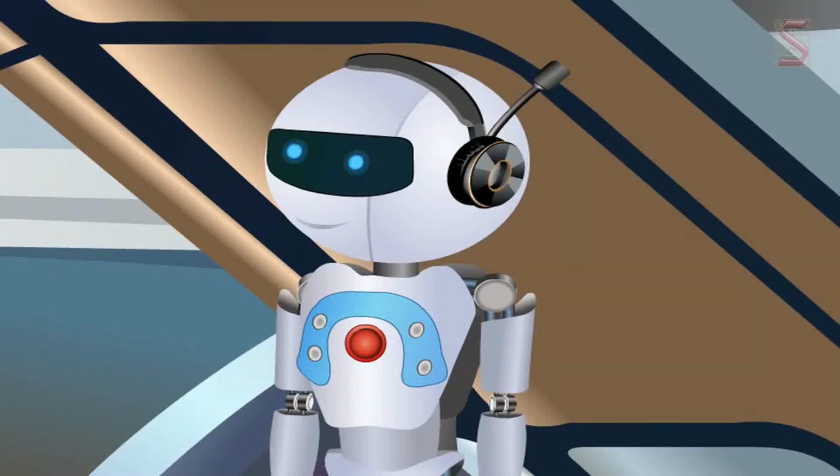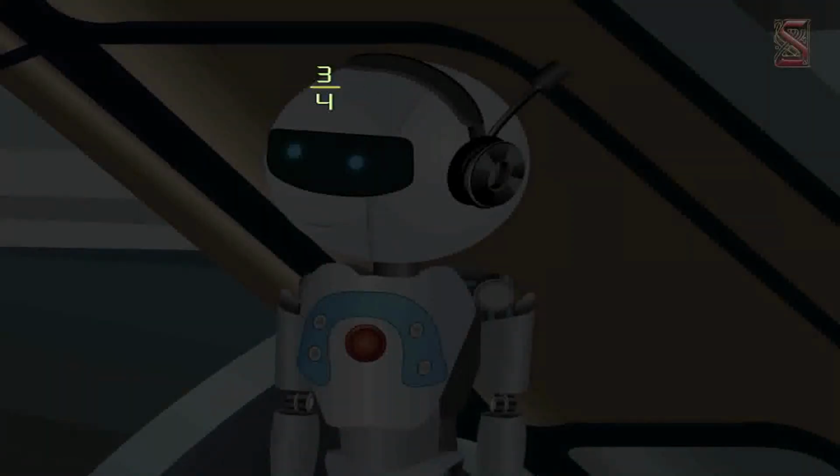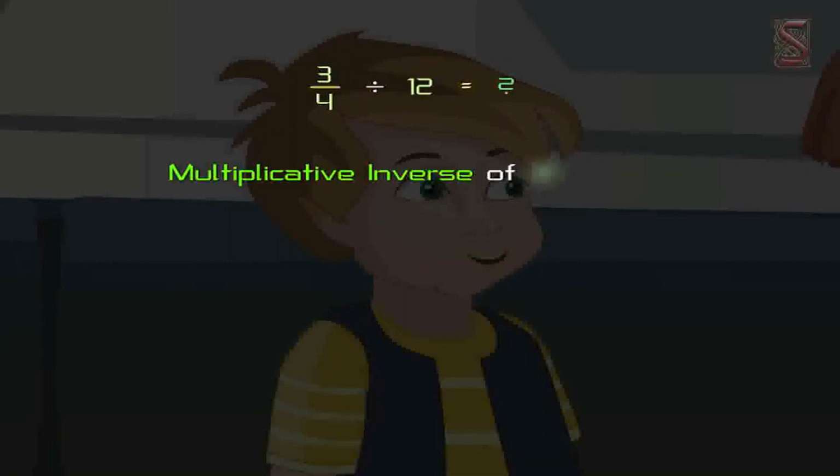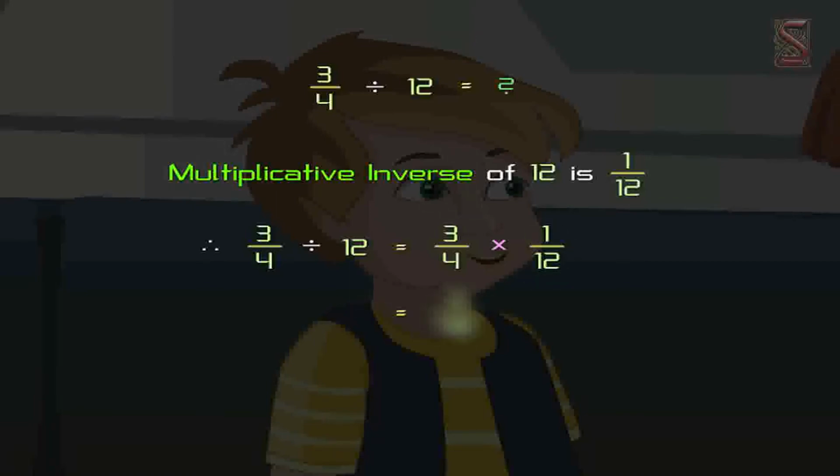Let's practice with some more problems. What is 3 by 4 divided by 12? The multiplicative inverse of 12 is 1 by 12. Therefore, 3 by 4 divided by 12 is 3 by 4 multiplied by 1 by 12, which is 3 by 48. On simplification, we get 1 by 16.